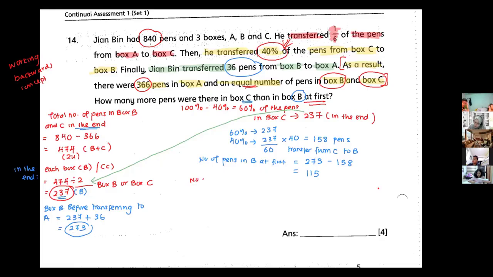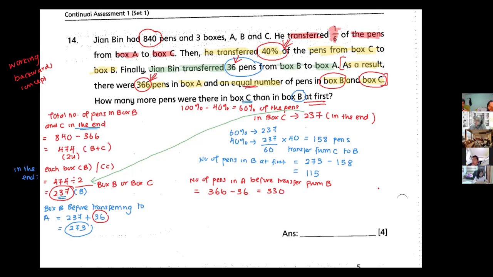The number of pens in A before transfer from B equals 366, take away your 36, where do I get the 36? There, can you see? Equals 330.